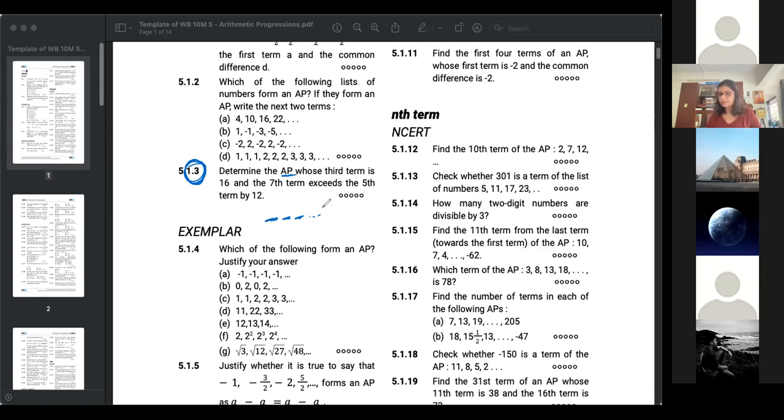Good. If you're already halfway through, tell me if you got the value of D. Send the value of D. At least I'll know which stage.